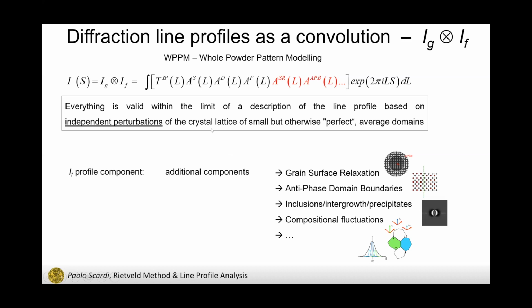Everything is valid within the limit of the description we are giving of the line profile, which is based on independent perturbation of the crystal lattice of small but otherwise perfect and average domains. Now, this is quite a tough sentence, so let me leave it there for a while. What I mean is that the different effects don't cross-talk.